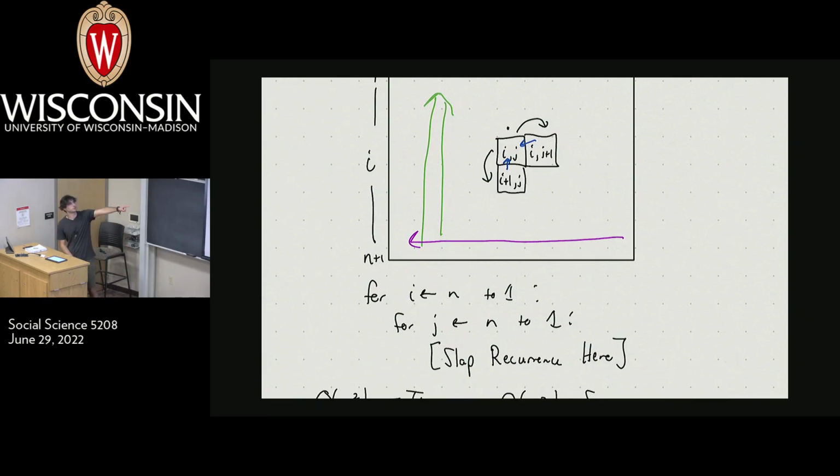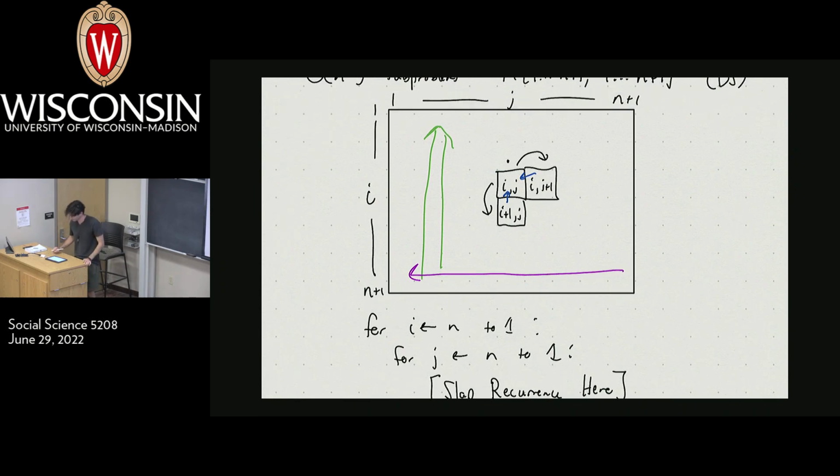The i loop is literally the green arrow, just written in pseudocode, and the j loop is literally the purple arrow. And so if you use this order, you'll always have those child subproblems computed before ij is computed. Other questions?